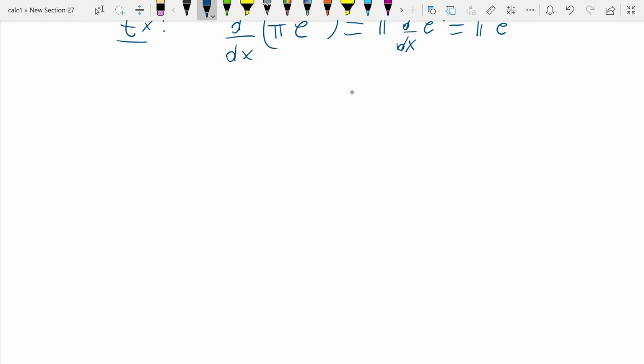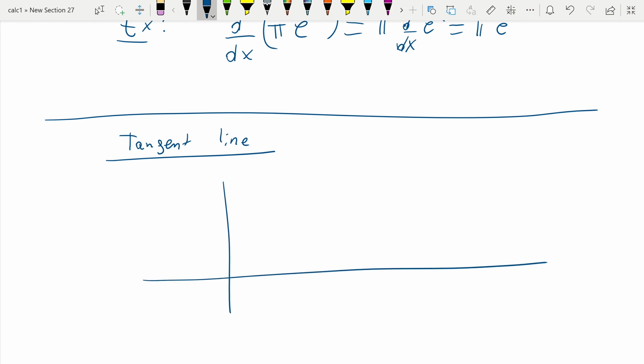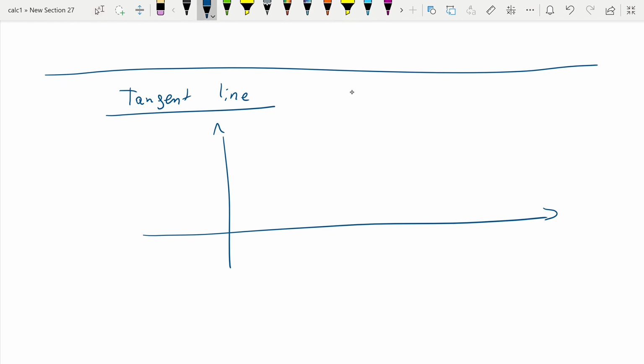First thing to notice again is, for instance, remember that we discussed the equation of the tangent line. So going back to the tangent line, we'll conclude this with this observation here. What's special about this point, this point, this point, and this point?